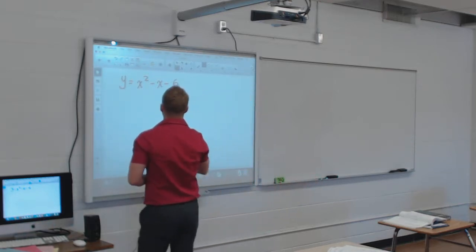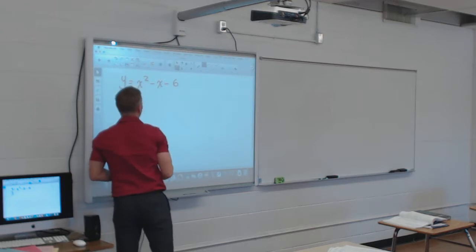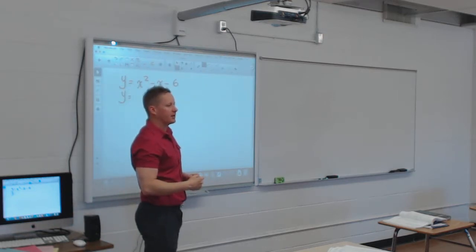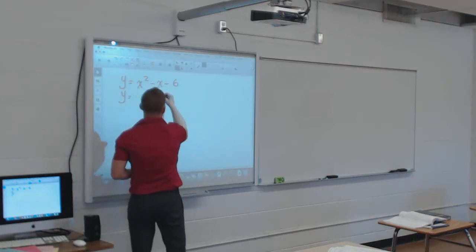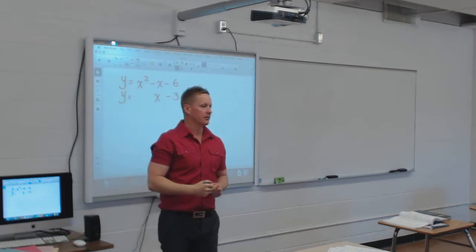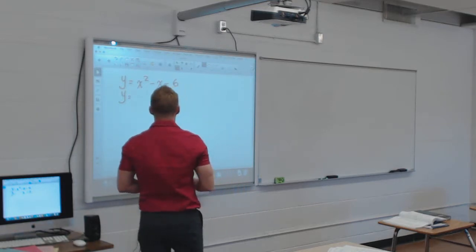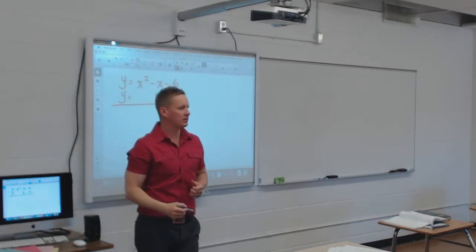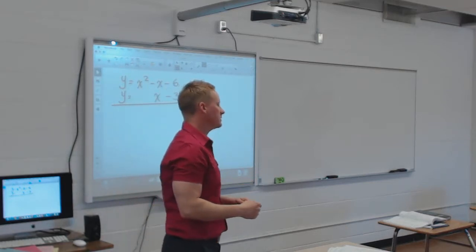So the second equation, I place it below, but when I place it below this time, I'm going to line up my variables and my constants together. So I'm going to put them underneath each other like that. Okay? Now to get rid of the y variable, what am I going to do with the two equations?